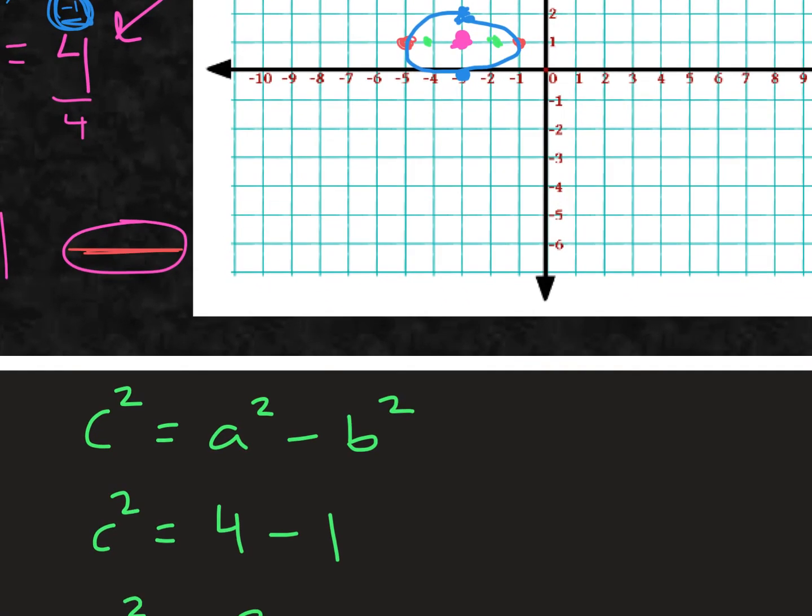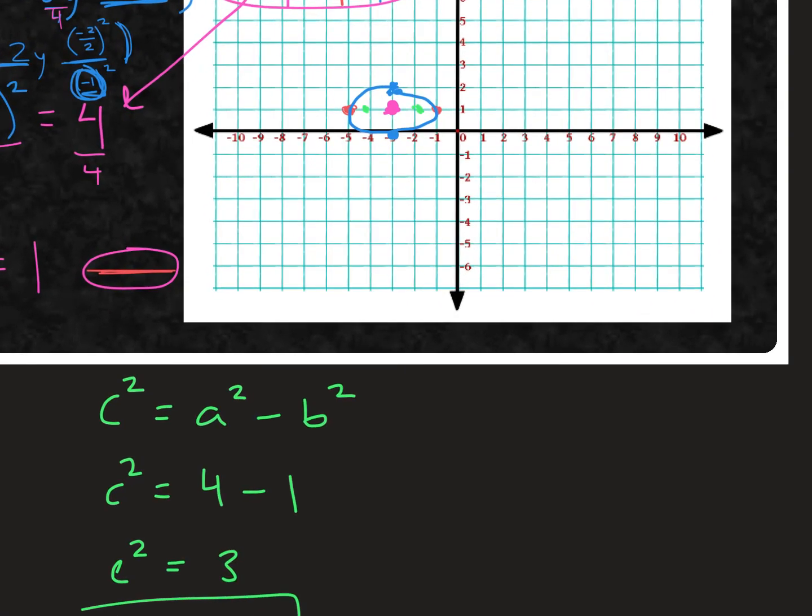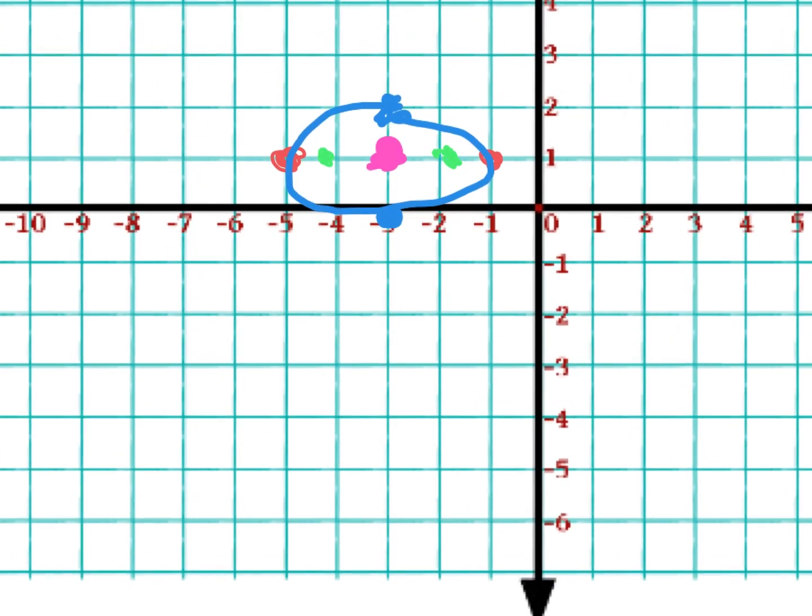If we were to name what coordinate point our focus is, how can we do that? So if our center is at -3, 1, for our focus, we're going to the right square root 3. So I'm just looking at the right focus.